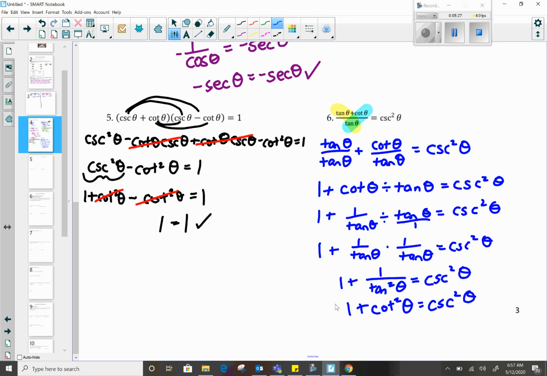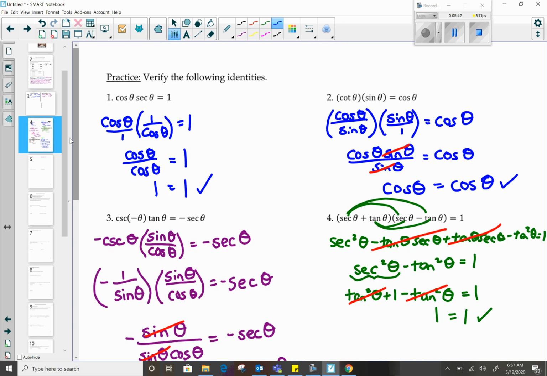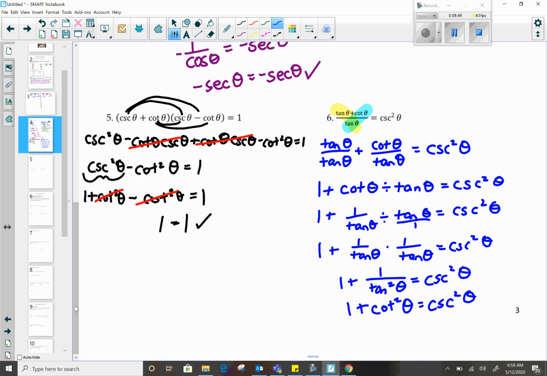Which, if you look at this, 1 plus cotangent squared, that's one of our Pythagorean identities. 1 plus cotangent squared, this whole thing, is cosecant squared. So this whole thing does become cosecant squared, which is what we wanted. Woohoo! That's nice.